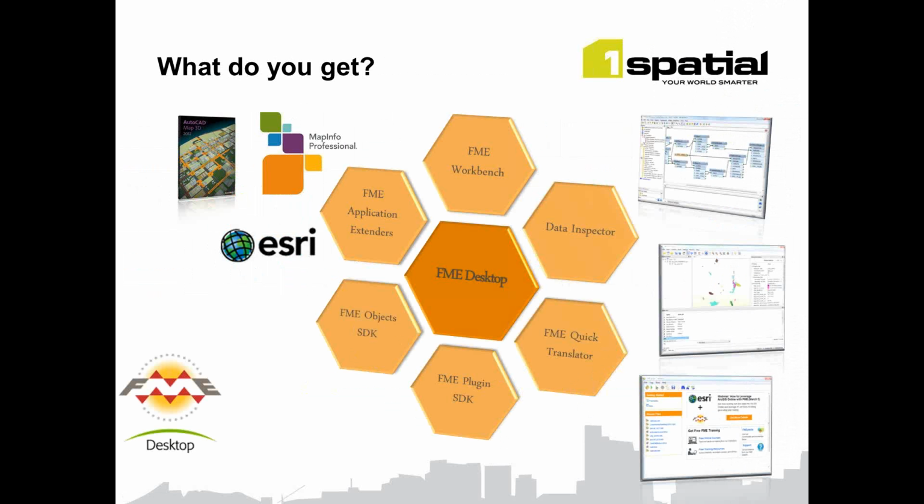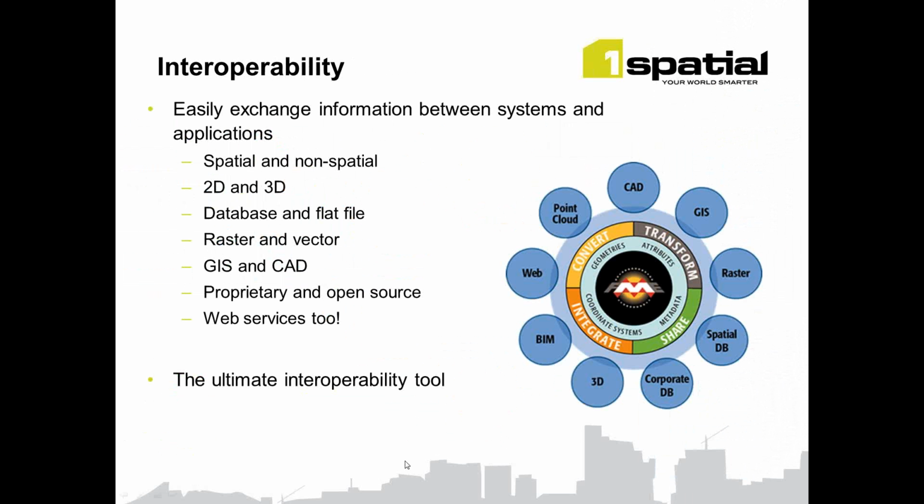And of course, if you hadn't realized, if you have another application on your machine, you can inject your FME license across into those utilities to give those applications FME's format reach and more in some cases. So that's using the Application Extender capability in FME. Exchanging data between formats and environments is really what FME is all about.